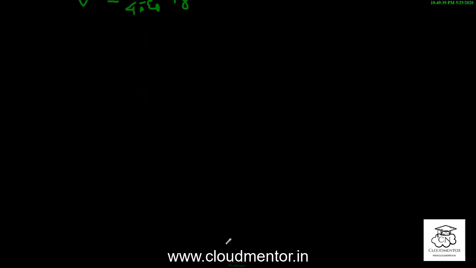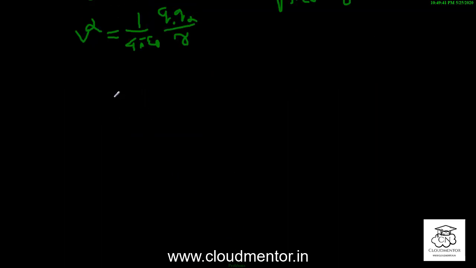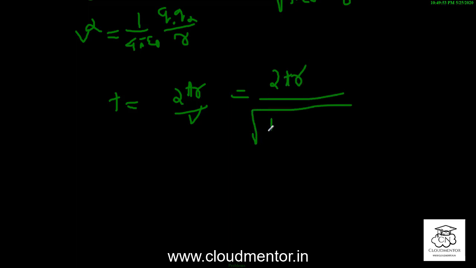That is, T is equal to 2 pi r by v, that is 2 pi r by root of 1 by 4 pi epsilon 0 q1 q2 by m r. Taking the reciprocal, we will get 2 pi r multiplied by root of 4 pi epsilon 0 m r divided by q1 q2.